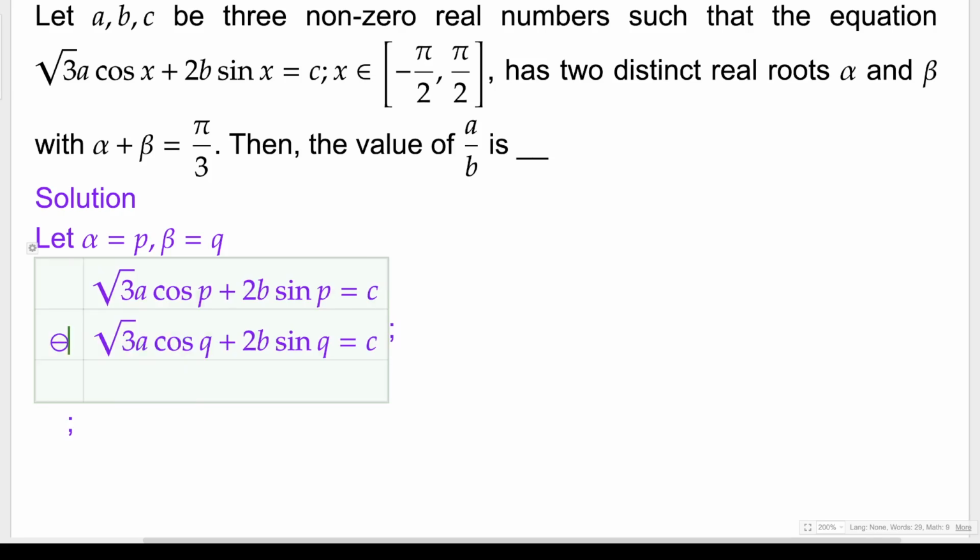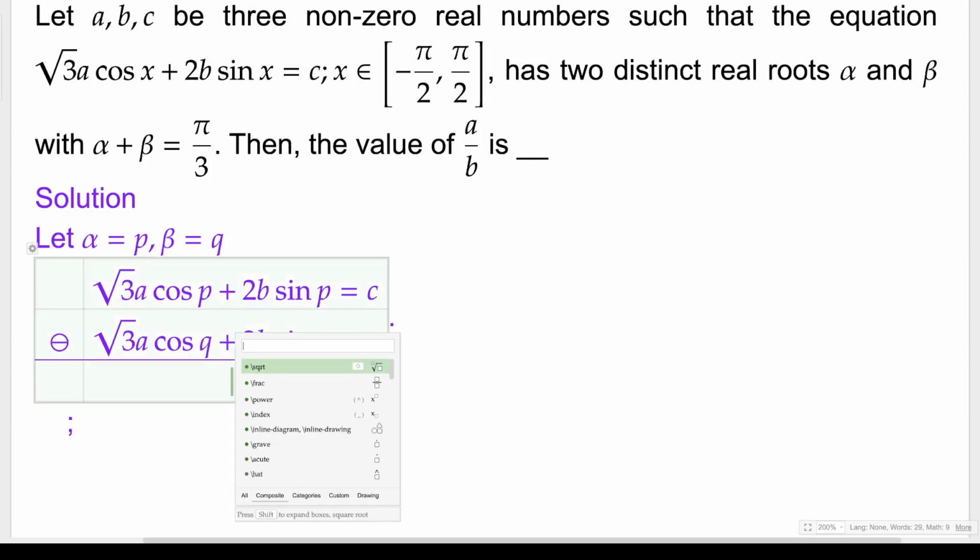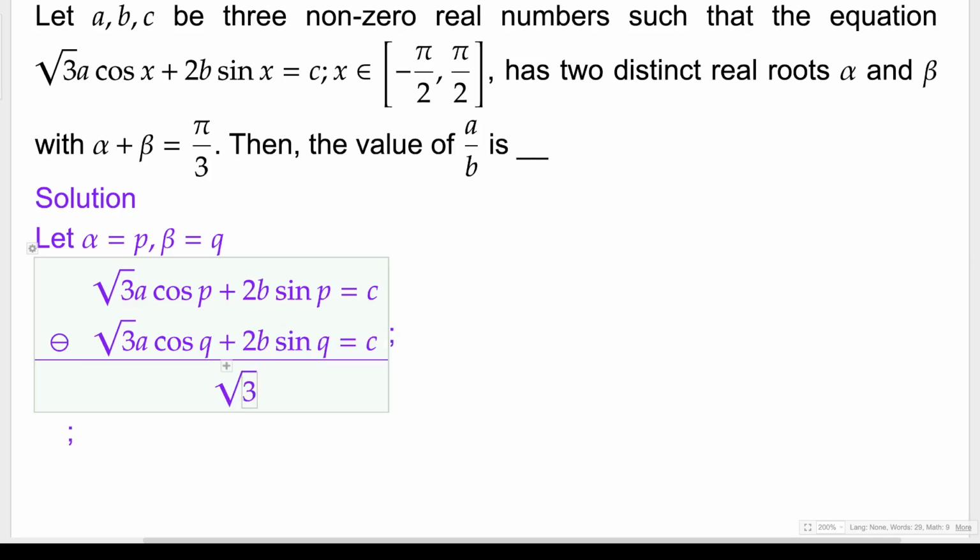On subtraction, I'll be getting square root of 3a times cos p minus cosine of q, as the first term.